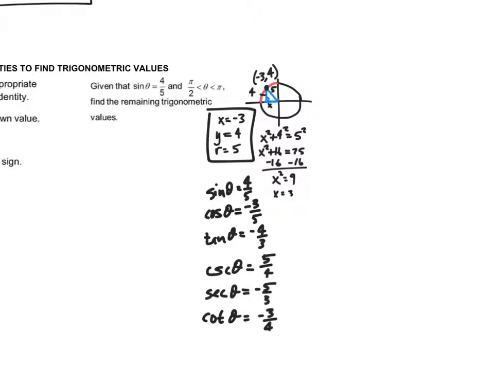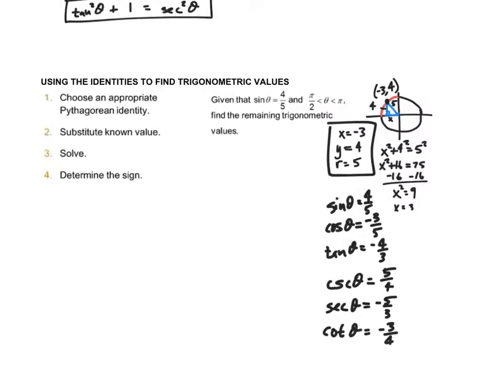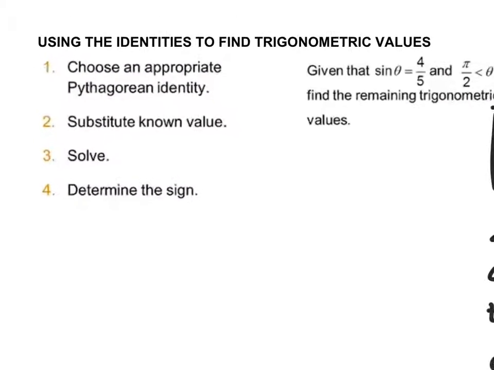However, we can use our Pythagorean identities to do this as well. I did it this way because I think this is quite a bit easier and more intuitive, but we can also use the Pythagorean identities. So given that sine of theta is equal to 4/5, I'm going to choose sine squared theta plus cosine squared theta is equal to 1.